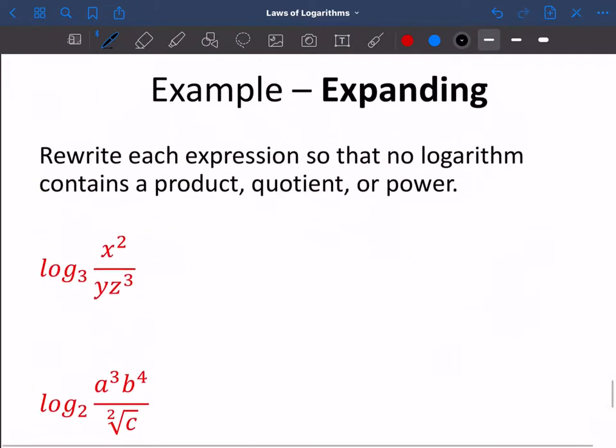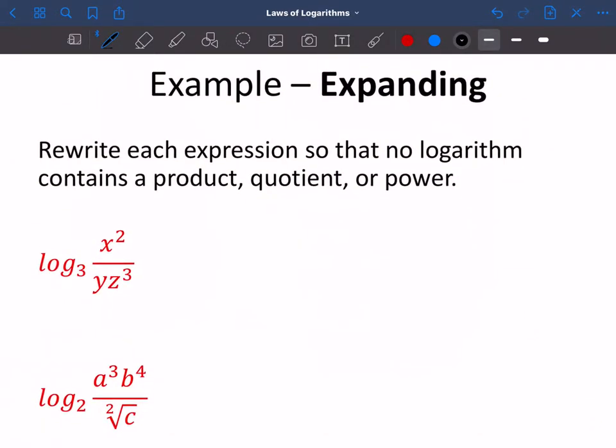Here's an expansion one. All right, so expanding. So rewrite this expression so that no logarithm contains a product, a quotient, or a power. So in other words, they're asking us to just expand this as much as I can. So we have a quotient, and we have products, and we have powers in here.